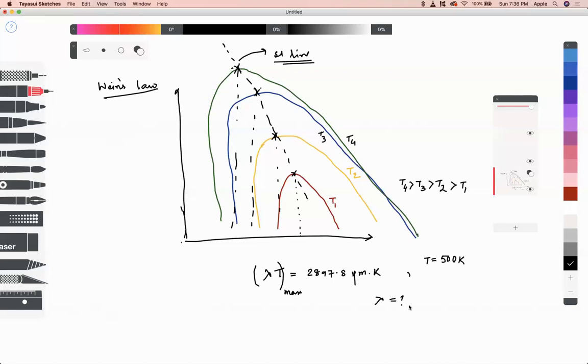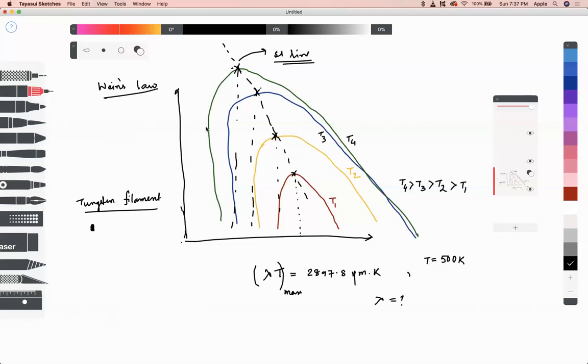Now this particular graph also clearly illustrates why tungsten filament bulbs went out of business. A tungsten filament is usually heated to a very high temperature to produce light.